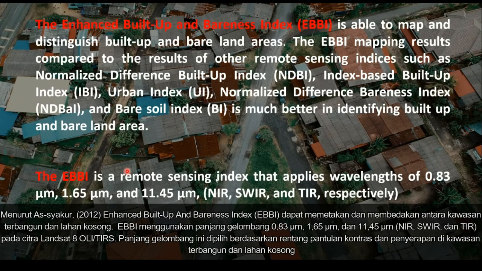The enhanced built-up and barren index is able to map and distinguish between built-up and barren areas. The mapping result of this method, compared to other remote sensing indices such as the normalized difference built-up index, index-based built-up index, urban index, normalized difference barren index, and bare soil index, is much better in identifying the built-up and barren area.